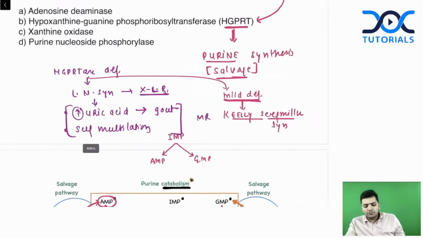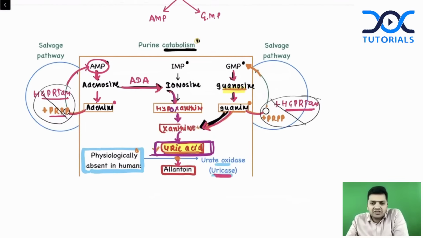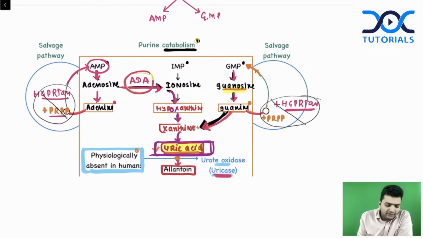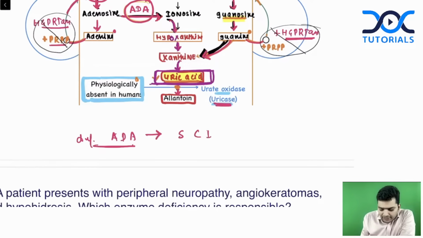So when it comes to purine catabolism or the salvage pathway, there are two important enzymes. One is HGPRT, and the second important enzyme is adenosine deaminase. If adenosine deaminase is not there, then again the purine catabolism doesn't happen properly, and the salvage also may not happen. If there is a deficiency of adenosine deaminase, that is called severe combined immunodeficiency.